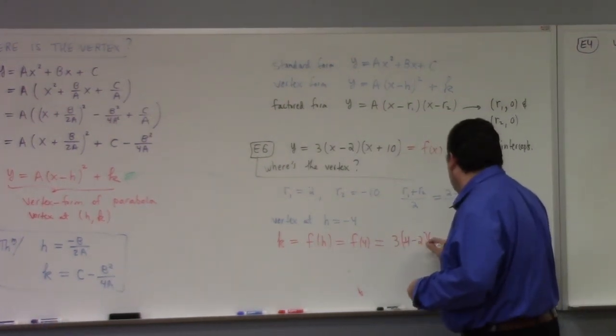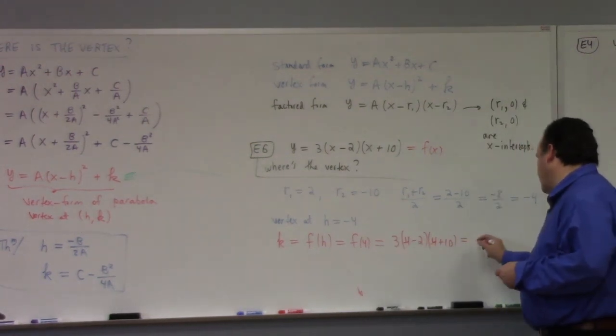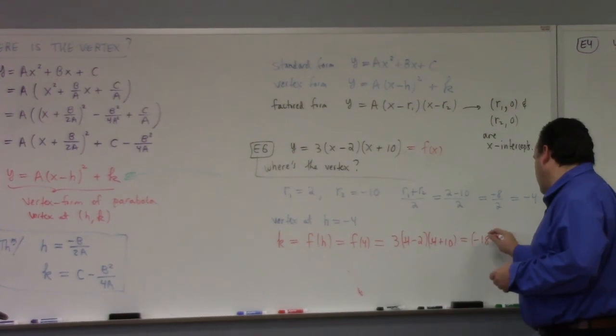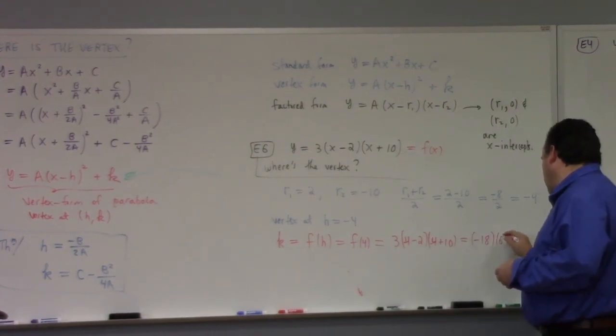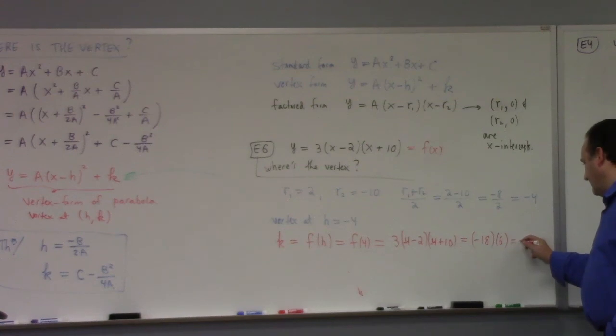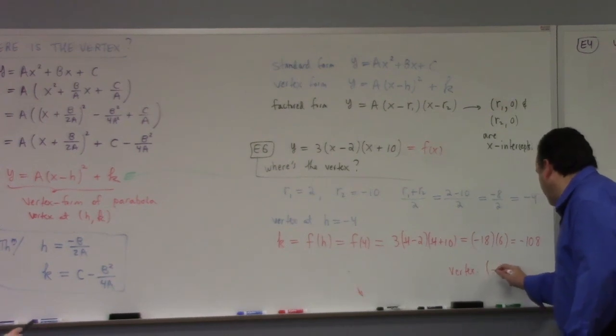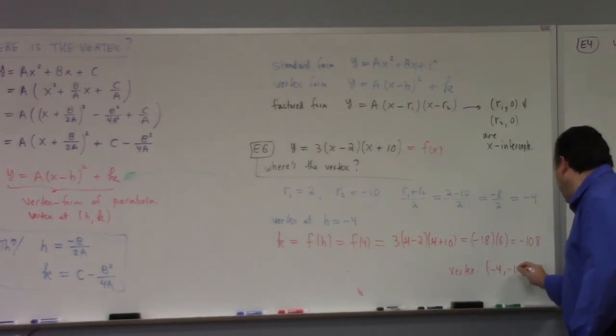That makes it a little bit different. So that gives me 3 times minus 6, which is minus 18, times 6, right? Which is, I think, minus 108. So there you go. Vertex is at where? Minus 4, comma, minus 108.